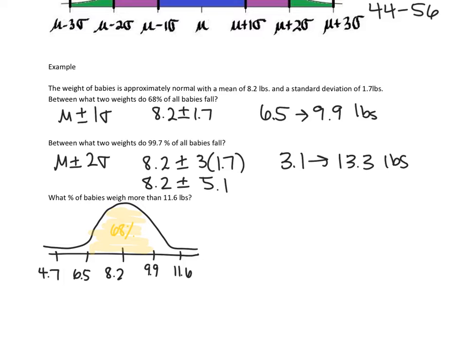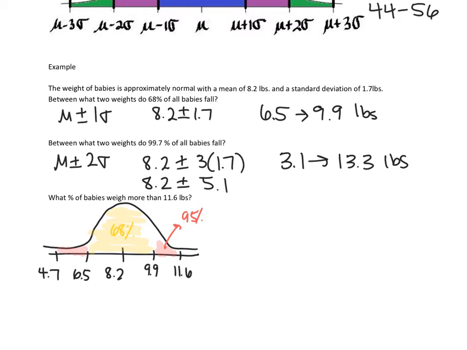So we know that within 1 standard deviation, the 6.5 to the 9.9, that's our 68%. And then if we go 1 standard deviation farther, the 9.9 to 11.6, that's our 95%. So what that leaves us with is above the 11.6 and below the 4.7 has to account for the last 5% of our data.